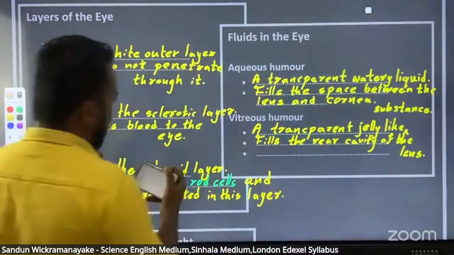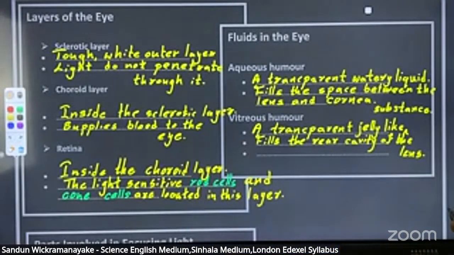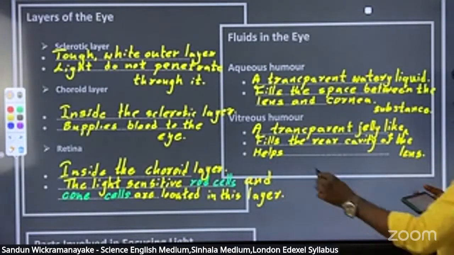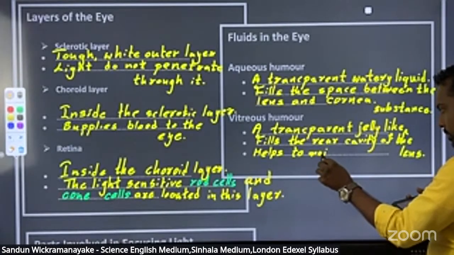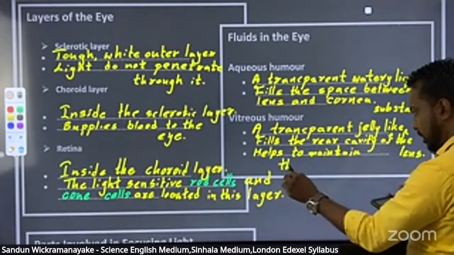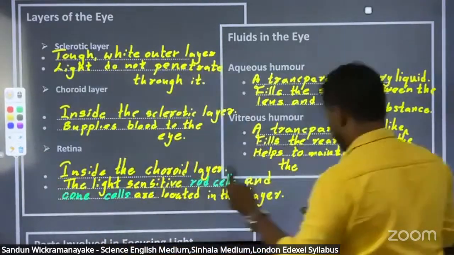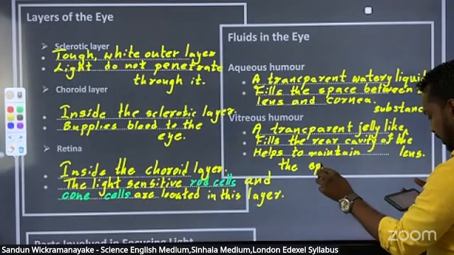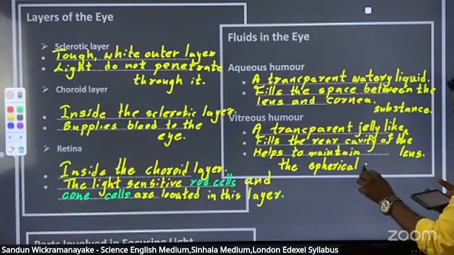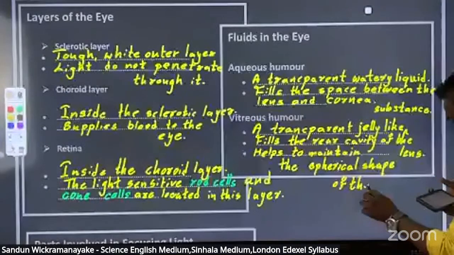That jelly is located after the lens. It helps to maintain the spherical shape or oval shape of the eye.